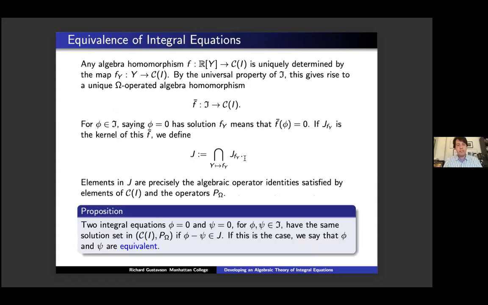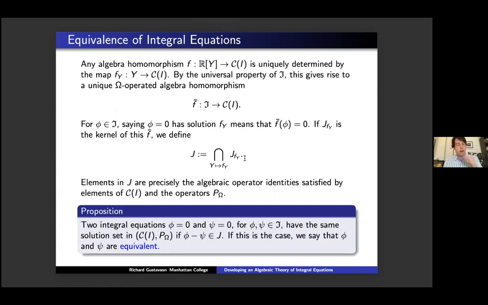What this does is give us a formal way of considering equivalence of integral equations. So given any algebra homomorphism F from the algebra of continuous functions into C of I, we can define this uniquely given any map from the variable functions Y into C of I. Basically we're going to think of these F of Ys as defining what our solution set should be.